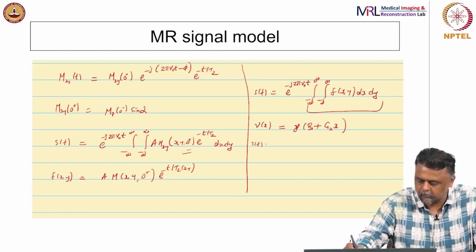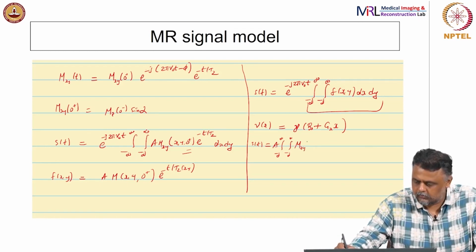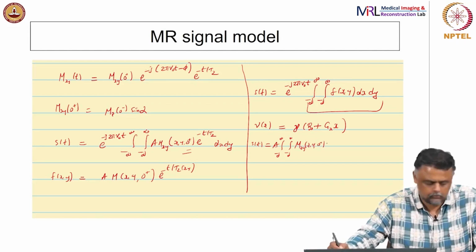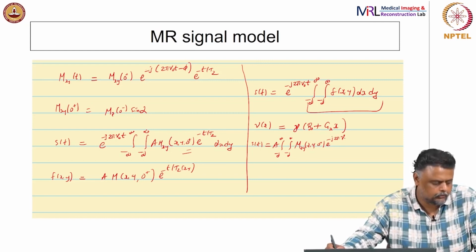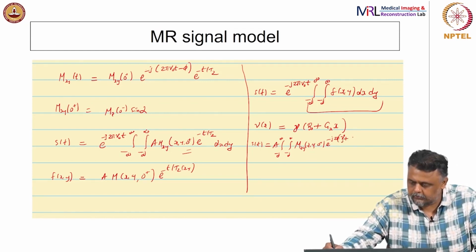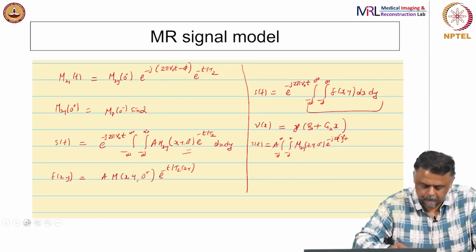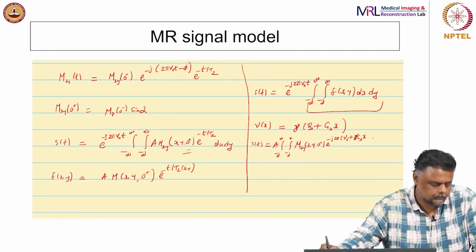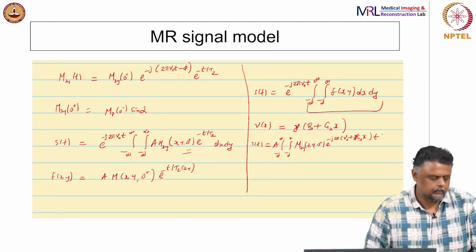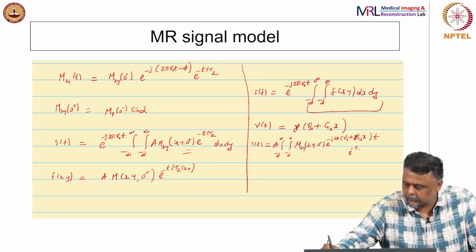The signal we are talking about then becomes A, integral of, e raised to minus j 2 pi nu, see, instead of nu 0 you have nu 0 plus gamma Gx x, into t, and then the exponential minus t over T2, dx dy.